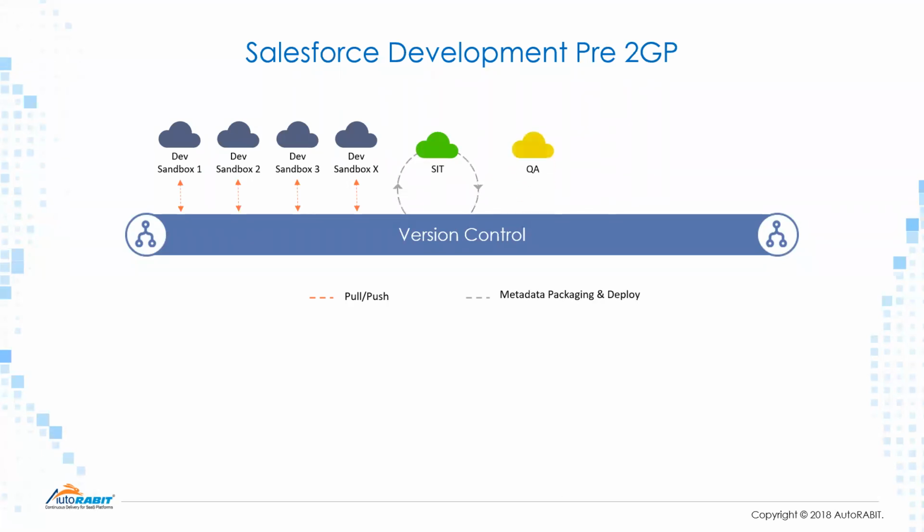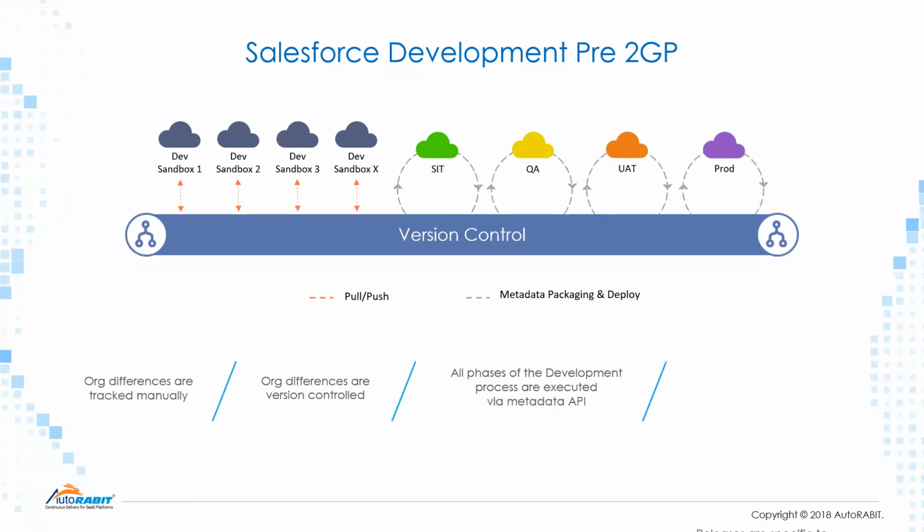So basically you'd be figuring out what the org differences are, and org differences are always tracked manually. The org differences need to be always version controlled. You'll only be working on the delta that needs to be moved into the production org as part of the release.